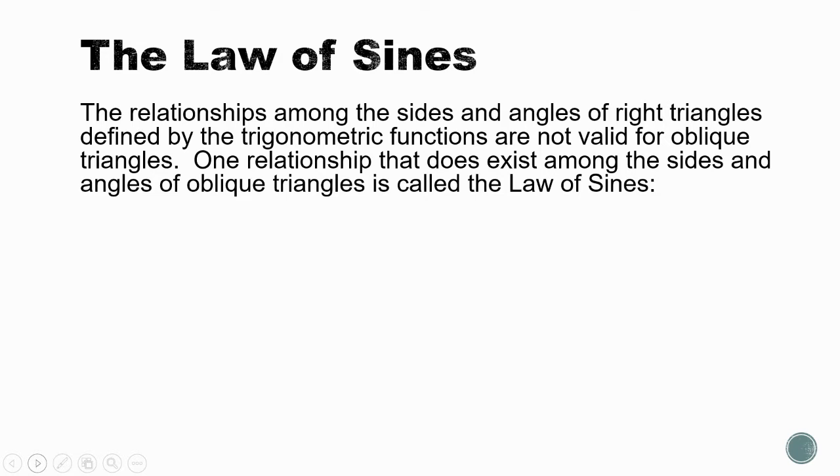So, what is the law of sines? The relationships among the sides and the angles of right triangles defined by the trig functions are not valid for oblique triangles. One relationship that does exist among the sides and the angles of oblique triangles is called the law of sines.